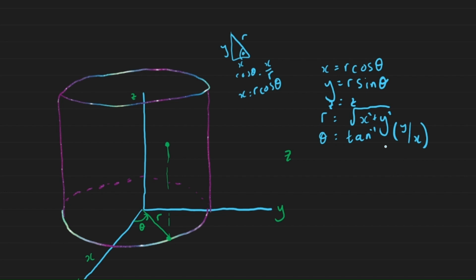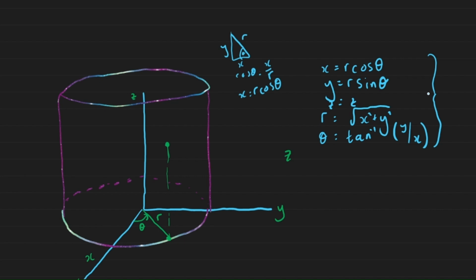If we're given any point, and we want to convert it into cylindrical coordinates, all we do is use these equations. So this is very nice and easy to do, but the whole point of converting something to cylindrical coordinates would be to make the integration easier. That is the whole purpose of why we are performing this exercise.